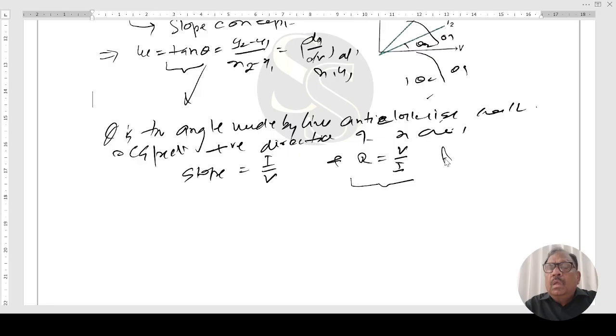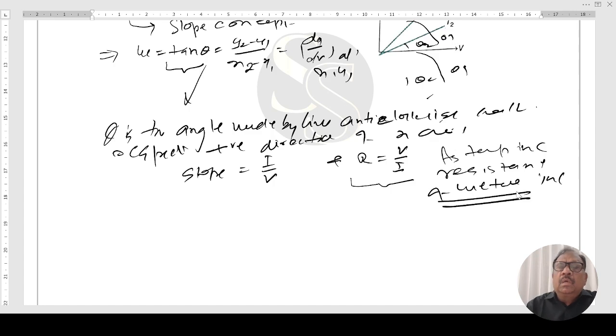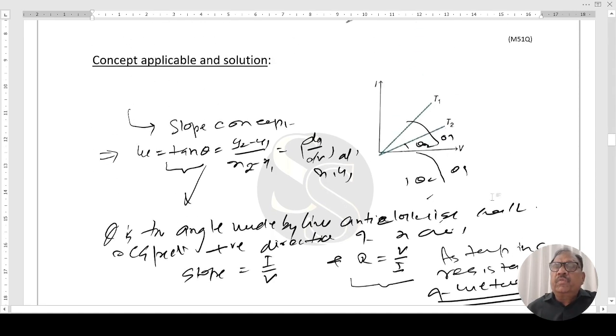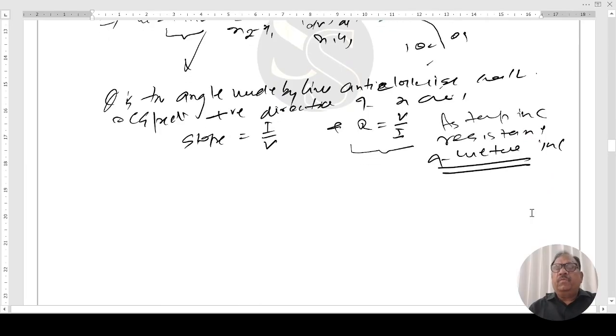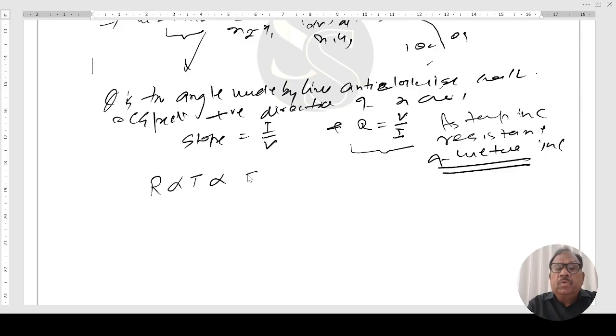Now, as temperature increases, resistance of metal increases. That is positive temperature coefficient of resistance, right? Therefore, R is proportional to T, and R is inversely proportional to slope.